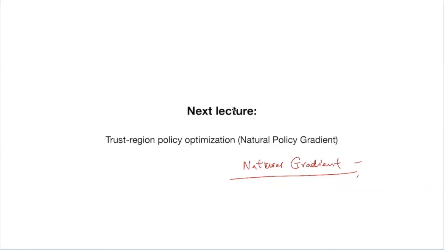And you will actually implement natural gradient in the new homework. That usually makes a huge difference on the performance of policy gradient methods. Okay, so that's all I want to cover.